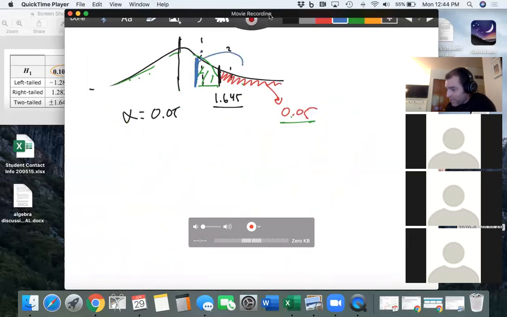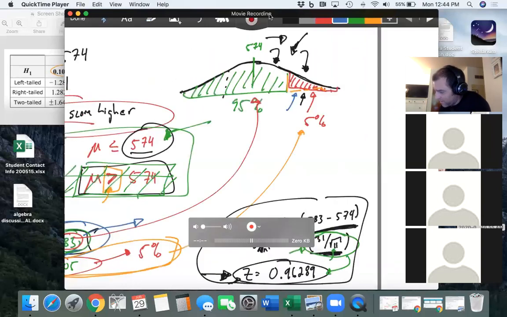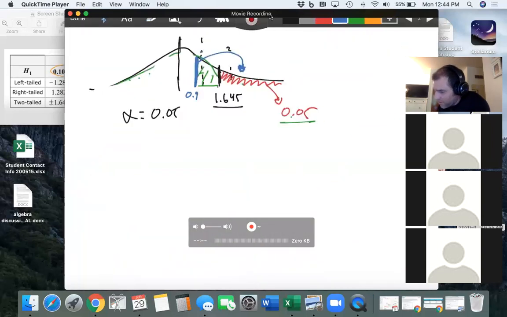I would need this blue line to appear in here in order to reject the null. And we're way over here, less than 1. So thinking about this in terms of critical values, I'm comparing 0.96 to this 1.645, and it's much less than it, and I need it to be greater.